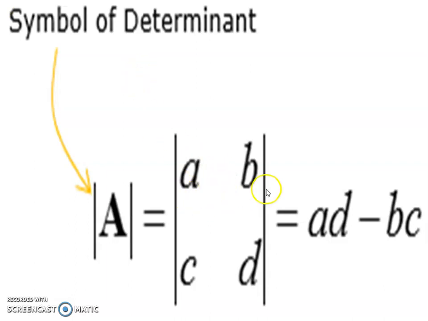In a general form, A and B, C and D may be different variables or the same, it does not matter. The positions are A, B, C, D, that is A11, A12, A21 and A22. How to find the value of the determinant then? AD minus BC. Be particular: cross multiplication of the diagonal elements, that is A into D, minus, and the remaining diagonal element B into C.